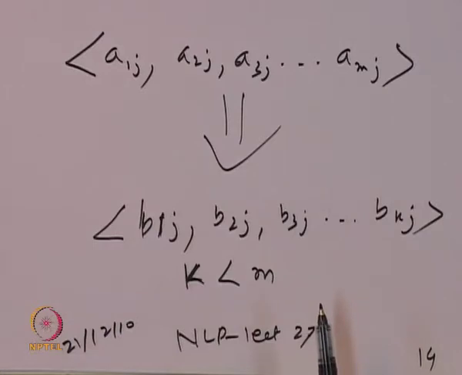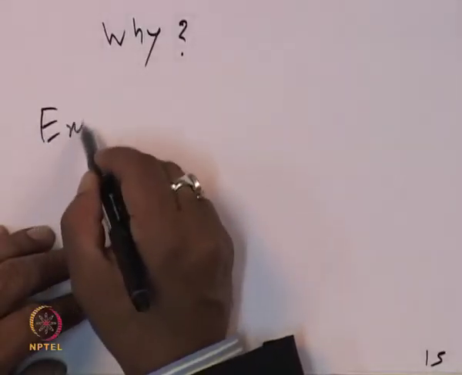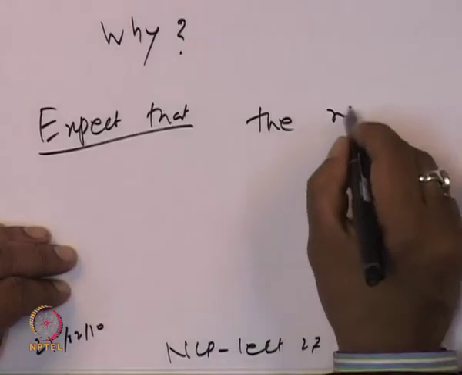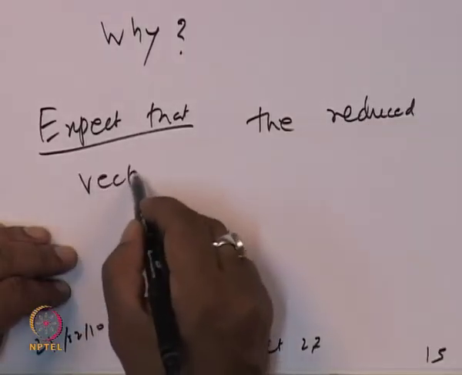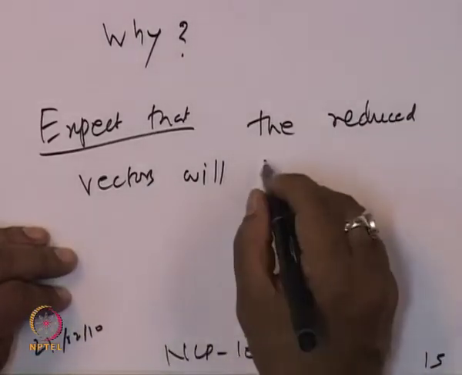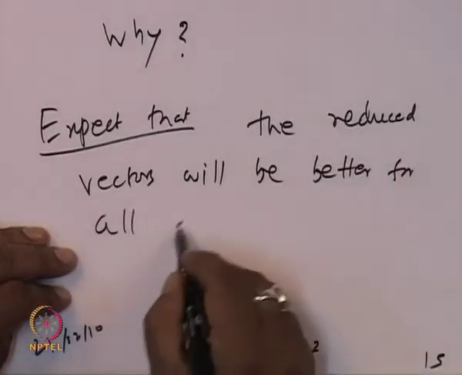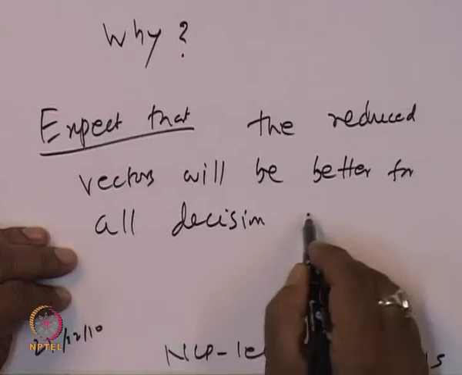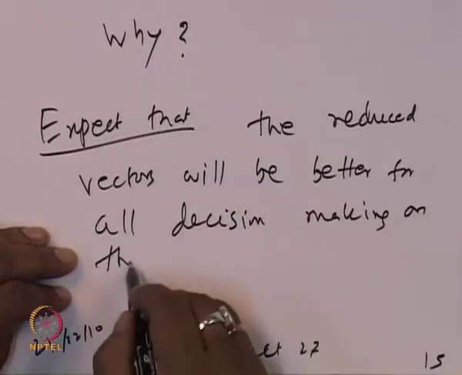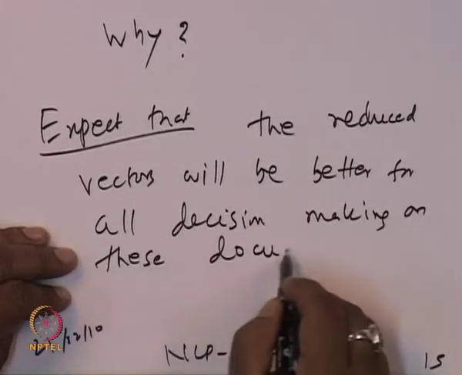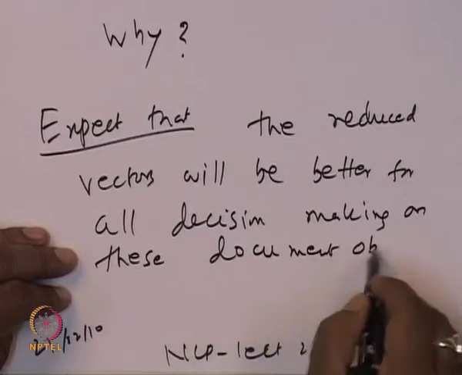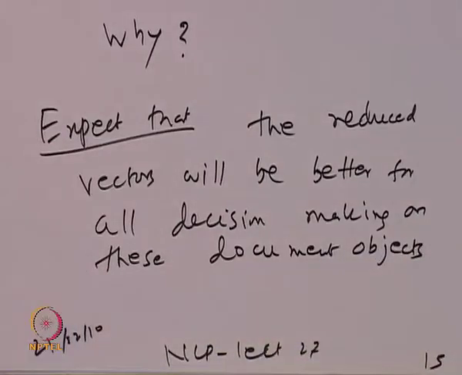The question that naturally arises is why. We expect that the reduced vectors will be better for all decision making on these document objects.